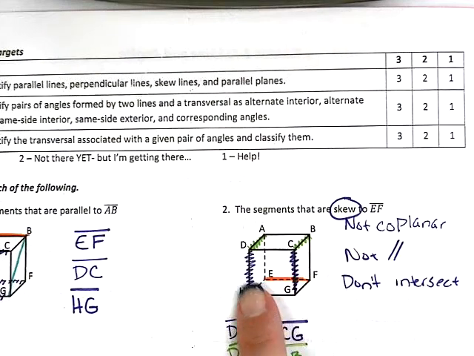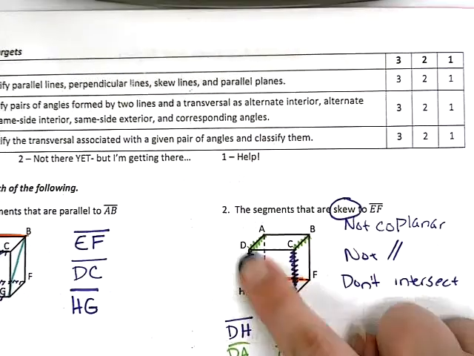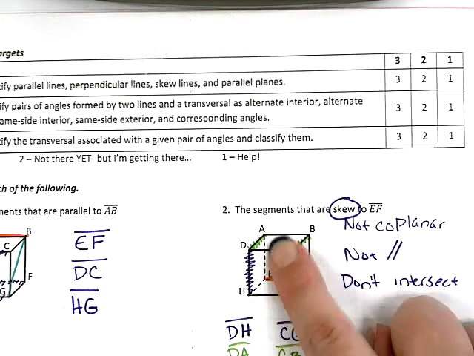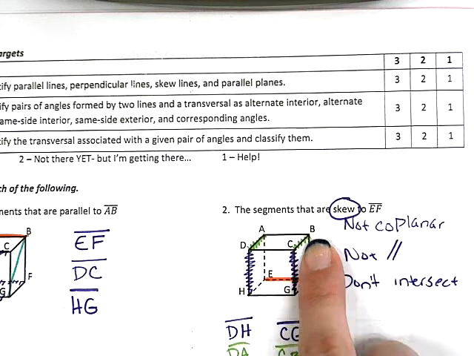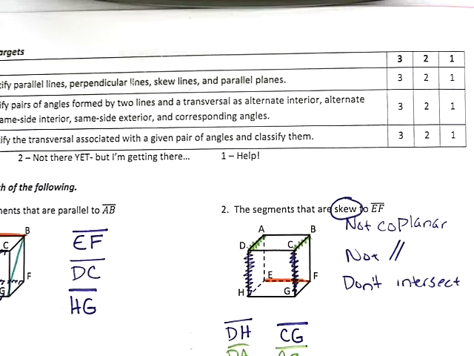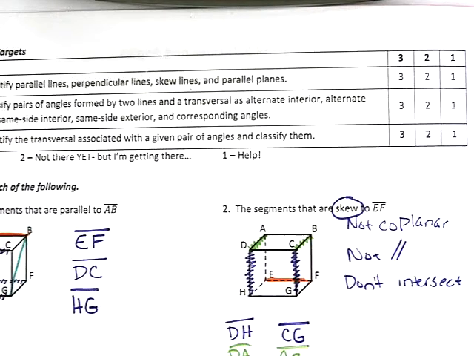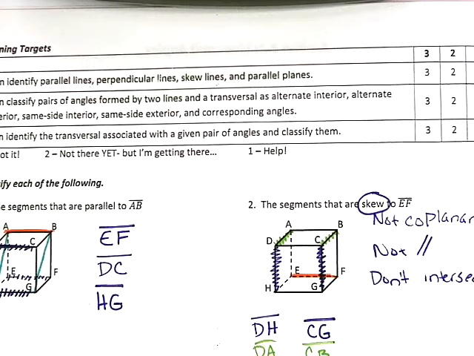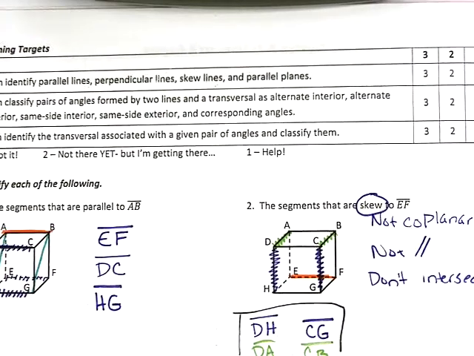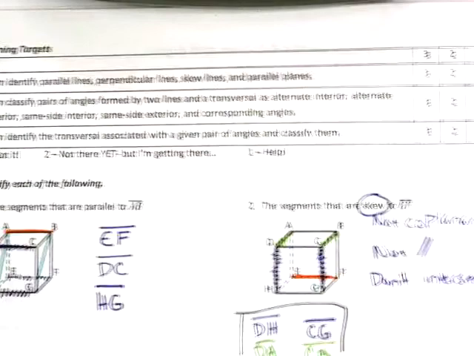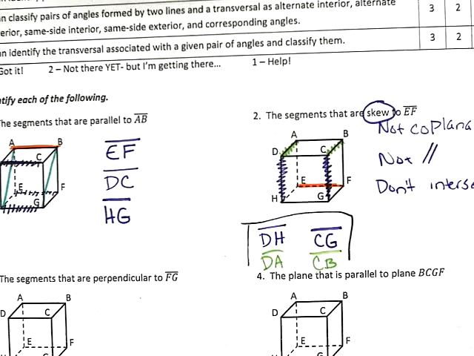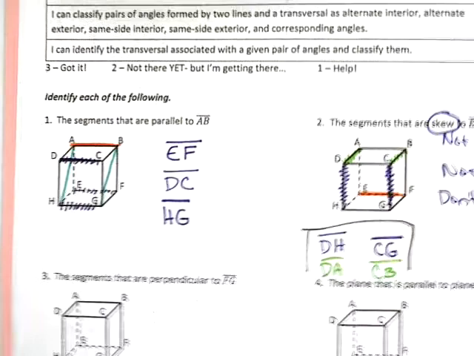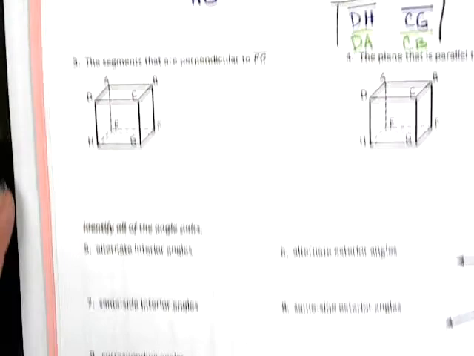The orange is going side to side, the green are going front to back. So they're definitely not coplanar and they're definitely not parallel. And then they obviously don't intersect because they don't touch each other. So those ones are skew. Those 4 answers right there are all skew to segment EF. Oops, that's a little hard to see there. How about that? DA and CB were the ones that were cut off there. Sorry about that.